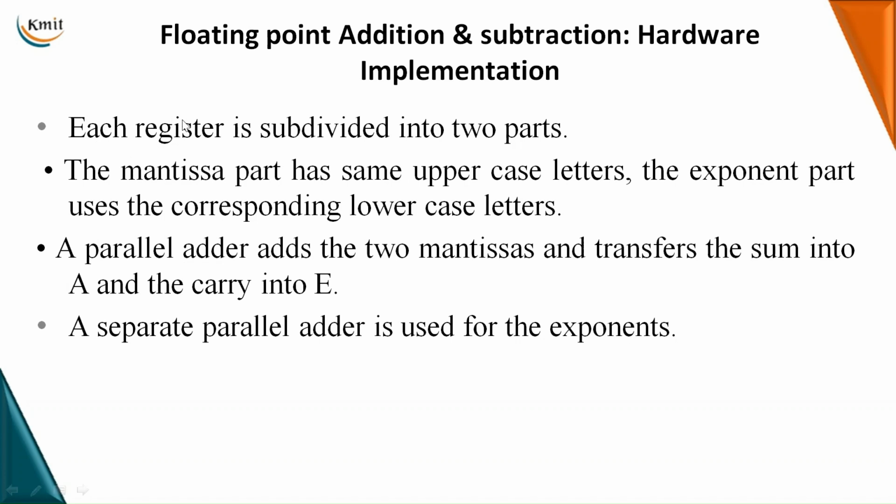Each register is subdivided into two parts. The mantissa part has the same uppercase letters, and the exponent part is stored in the corresponding lowercase letters. We also have a parallel adder which is used to add the two mantissas and transfer the sum into A and the carry bit into the E flip-flop.